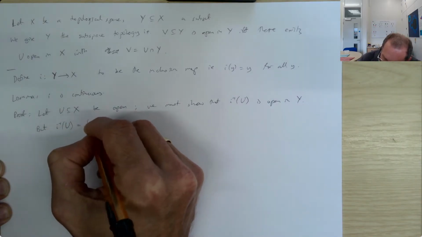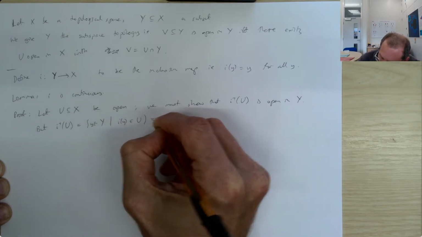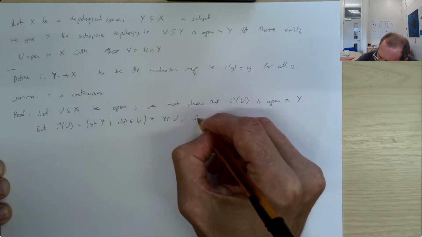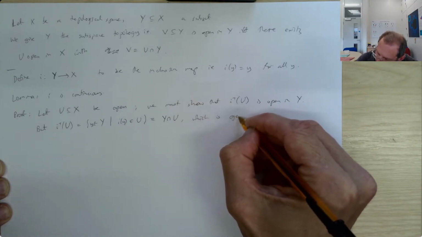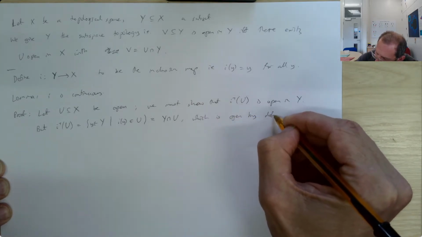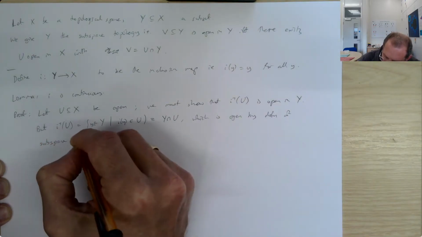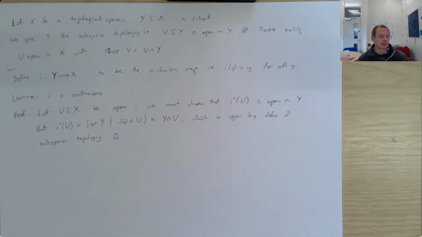That's the set of y in Y such that i of y lies in U, but that is just equal to Y intersect U, and that's open by the definition of the subspace topology. Okay, so there's really nothing going on in this proof, it's just the definition.